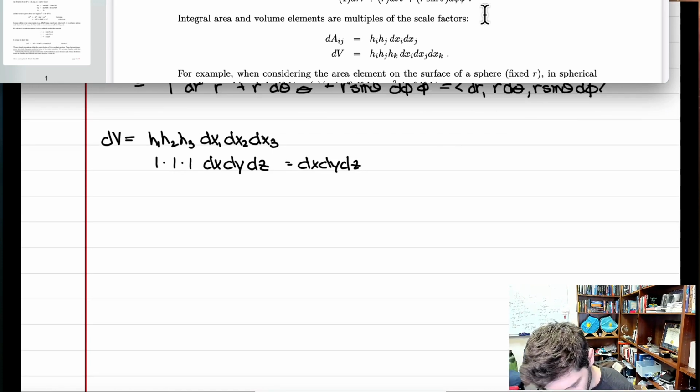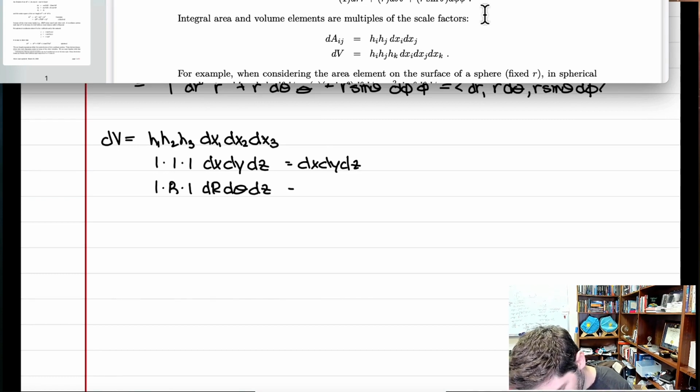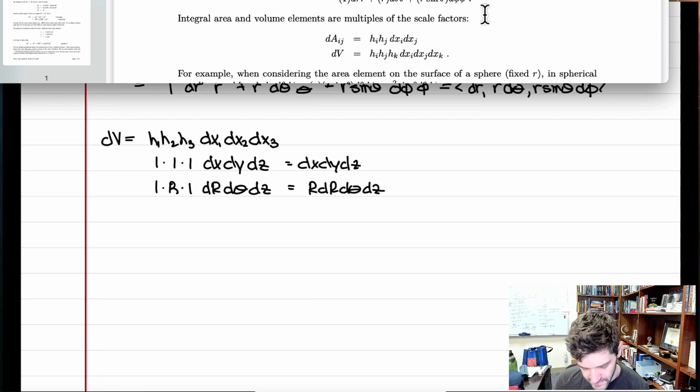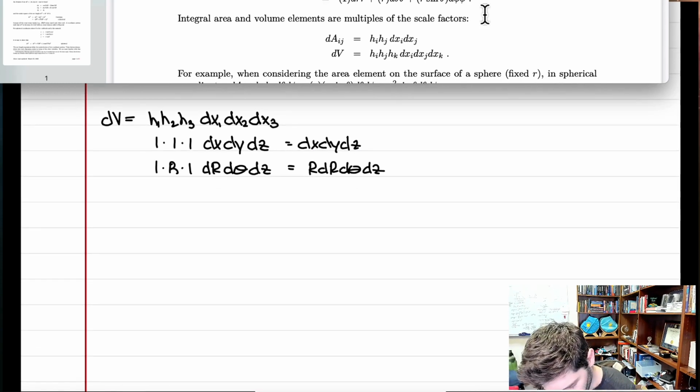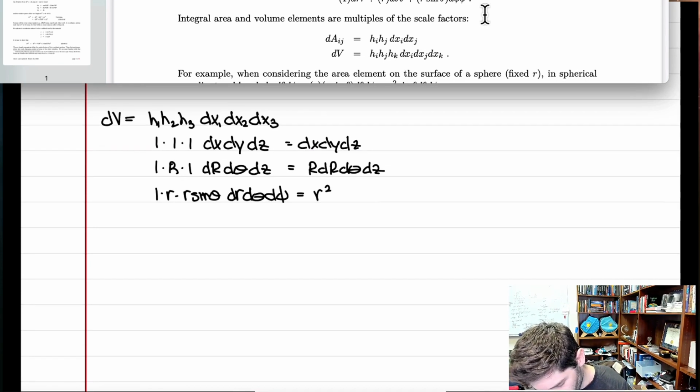In cylindrical it's 1 comma r comma 1, dr, d theta, dz, or just r dr d theta dz. Sorry, I keep saying phi. In spherical, 1 times r times r sine theta, dr, d theta, d phi, or it becomes r squared sine theta, dr, d theta, d phi.